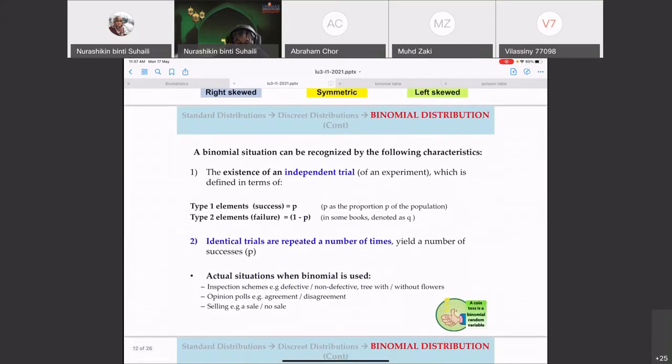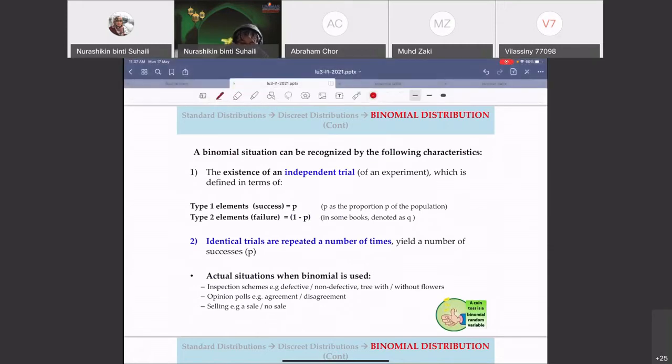Okay, a binomial situation can be recognized by the following characteristics. So why is it called binomial? Binomial means the word bi is 2. It means there are two outcomes. So we call them P and 1 minus P. So that's why it's called bi.